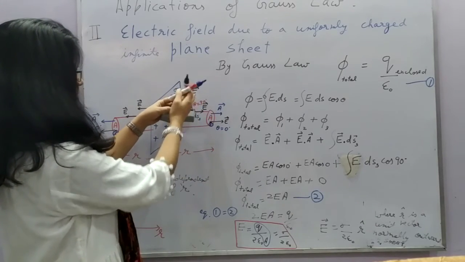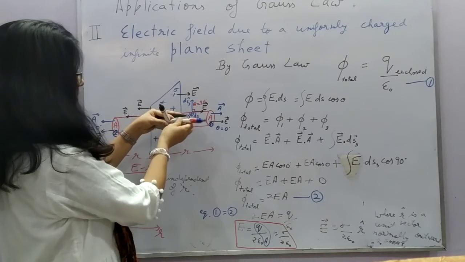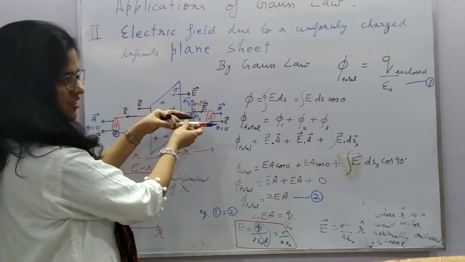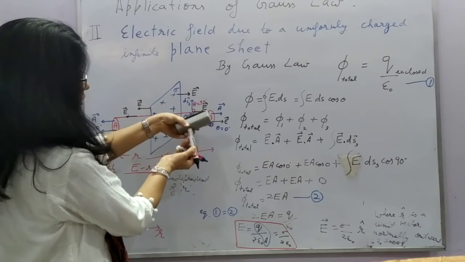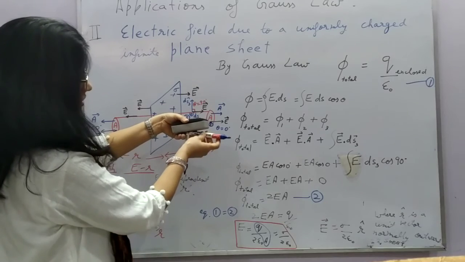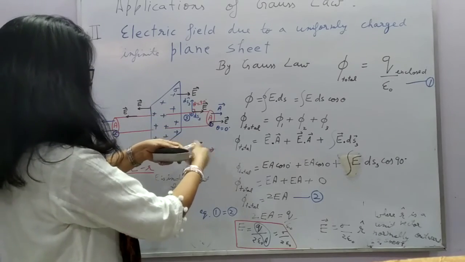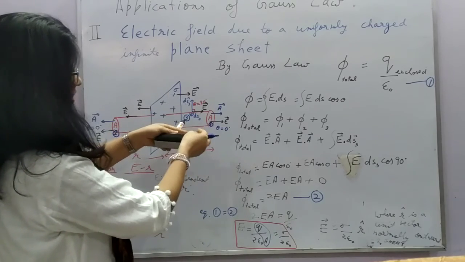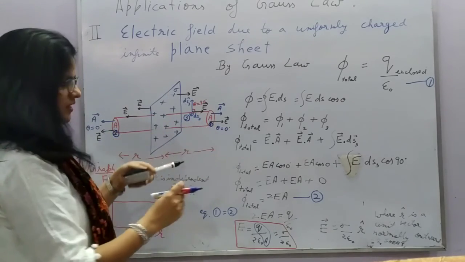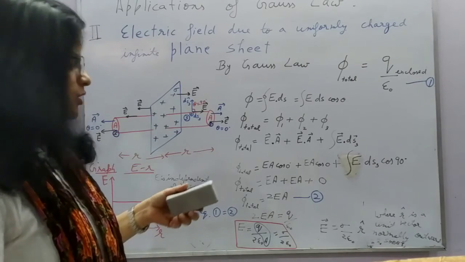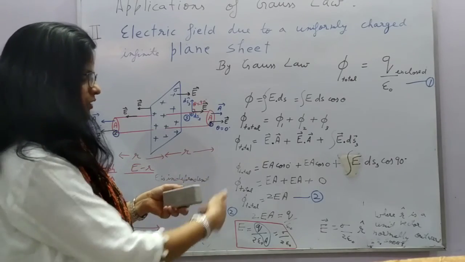If we check this face, this is the area vector, this is the electric field vector, again 90 degree. Check this face. This is the area vector, this is the electric field, again 90 degree. And for this face also, this is the surface area vector, this is the electric field vector, so the angle is 90 degree. So there is no contribution to flux through these side faces.